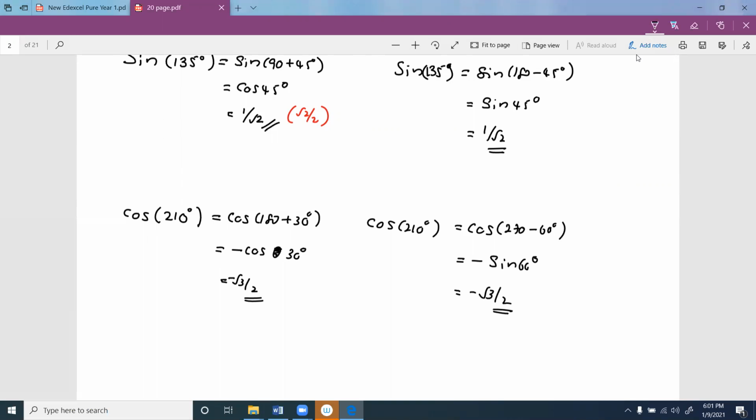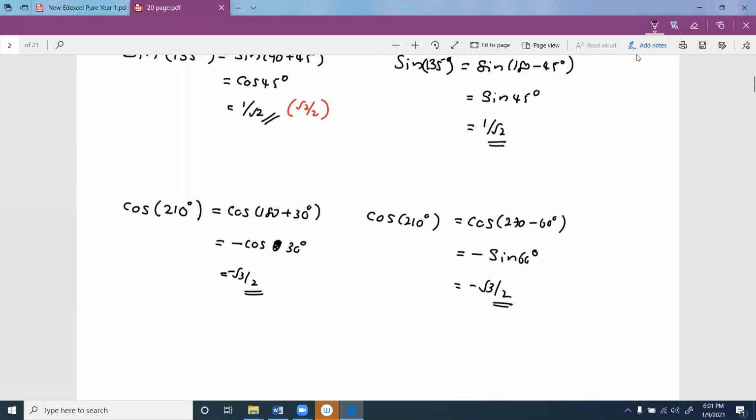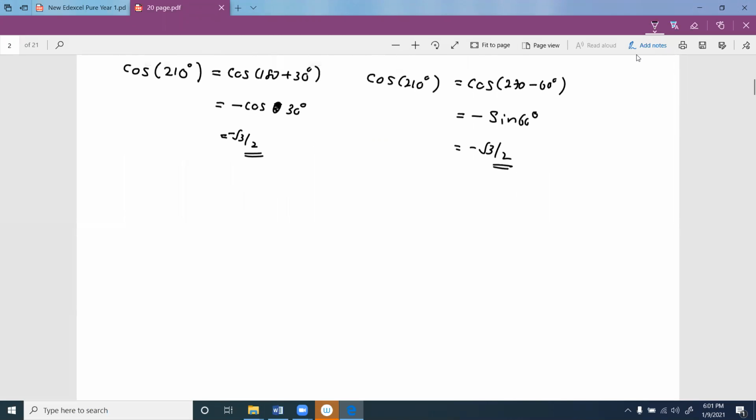Okay, that's how you need to do it. Then the next one is just like this. You get sine 300. Sine 300 you can write in any format, 270 plus 30, or you can write sine 360 minus 60.